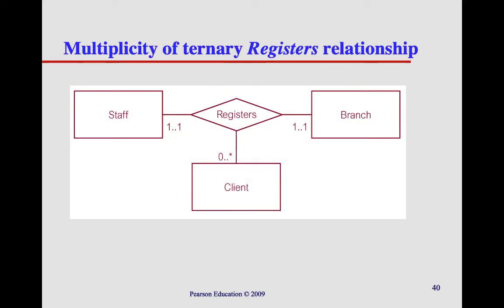So here, with staff and client, I would typically say, okay, if I have one staff member, S103, at branch 405, how many clients might this staff member be able to register?